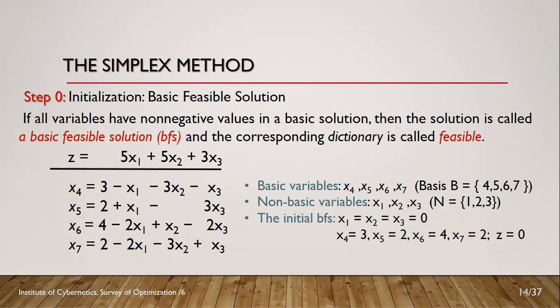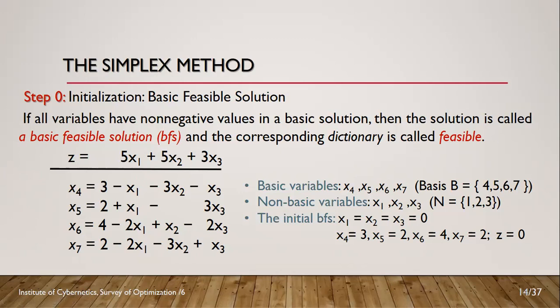And at the end, we want to obtain a basic feasible solution for which we can guarantee that it is optimal, so it maximizes the objective function as much as possible. So at step 0, we have this dictionary, the initialization step.